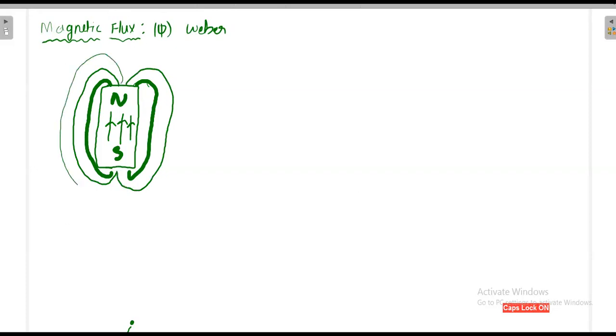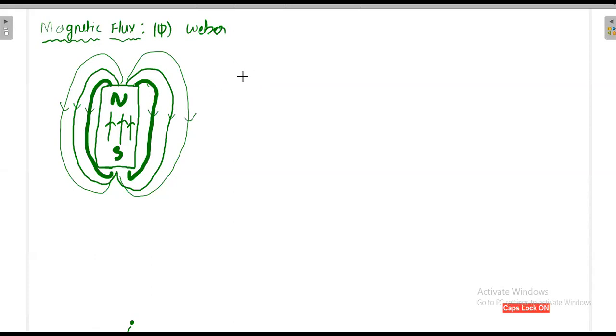As you go away from the magnet, that's why I'm putting a thinner line, just to indicate that your magnetic field intensity will reduce. But the direction is this one only. Outside the magnet, the magnetic field direction will be from north to south.